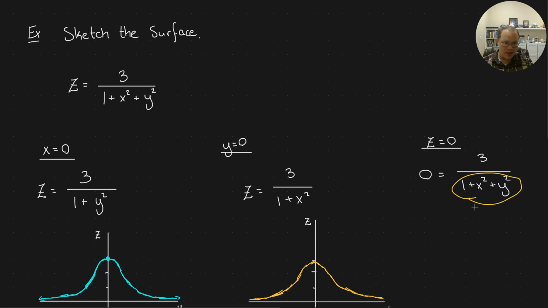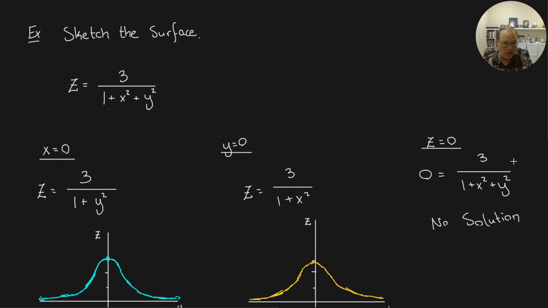I'd have to pick an x and a y so that what I plug in for x and y here in the denominator turns this fraction into 0. Fractions get smaller as the denominator gets bigger, but to be infinitely small, the denominator would have to be infinitely big. And I can't actually reach infinity, right? So this has no solution. There's no x and y I could plug in here that's going to make this work.